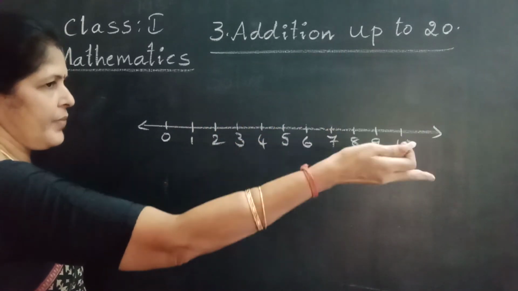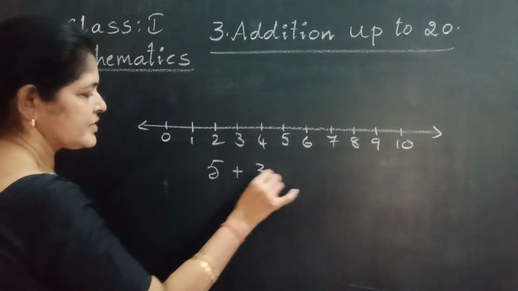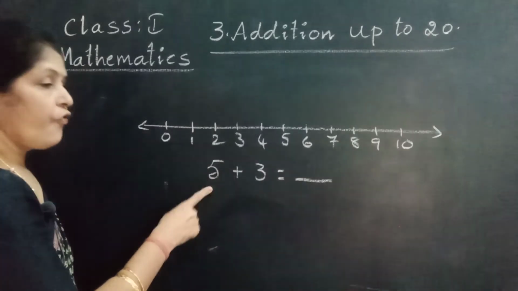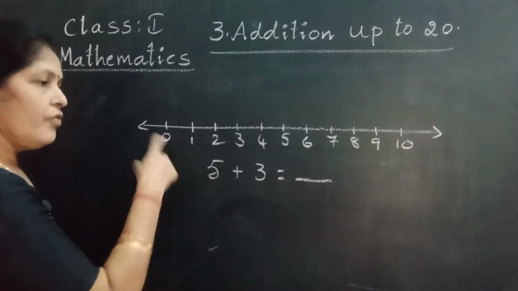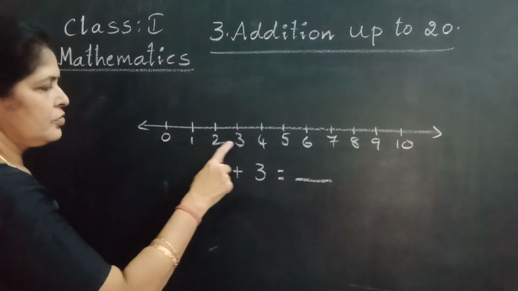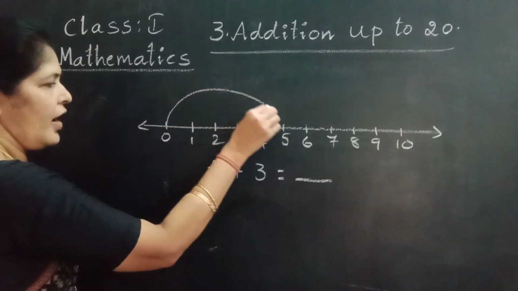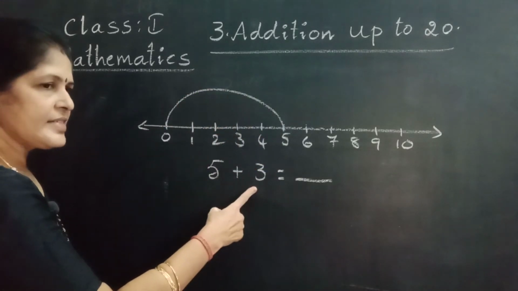See, the given addition is 5 plus 3. First, how many steps are we going to take? 5. 0 to 5: 1, 2, 3, 4, 5. Start from 0 and go to 5. Next number is 3.